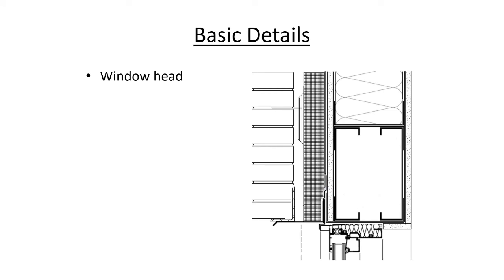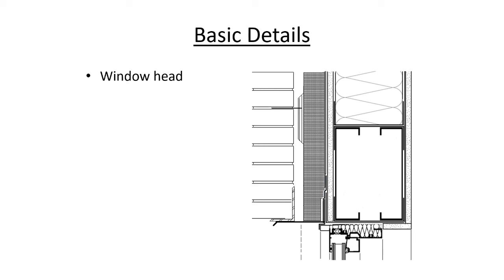Moving down to the window head, we can see that we have a boxed header to transfer the load over the top of the punched opening, carry it back to the jambs on both sides, and then down the side.